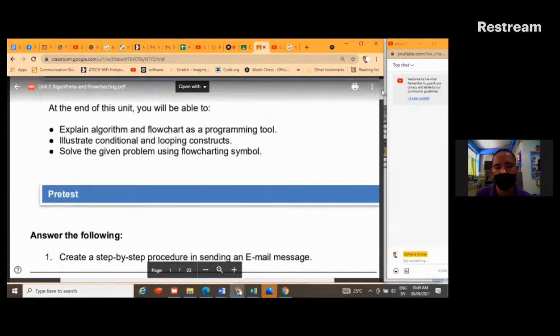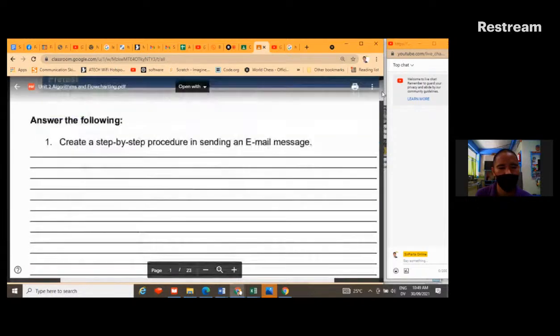Then you have the pre-test. By the way, guys, the pre-test, you have to answer this one, and you're going to compare your answer to the correct answer at the end of this unit. When I'm going to receive the module, hopefully you already have the check.